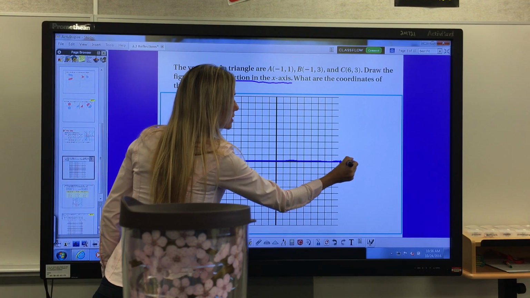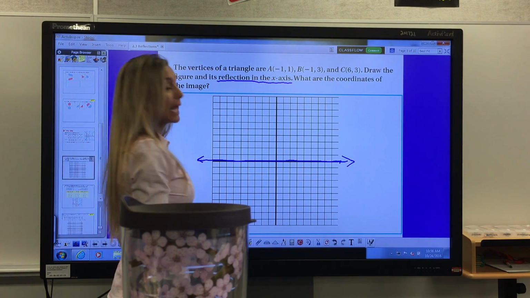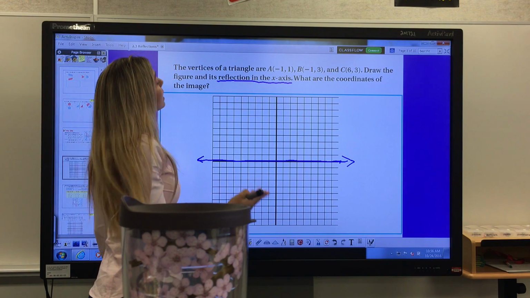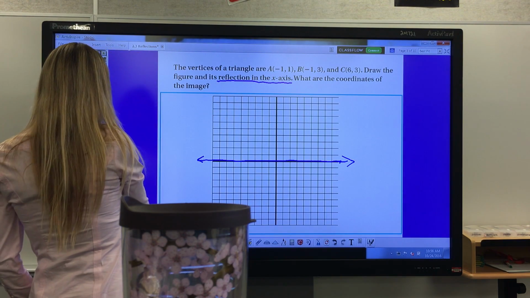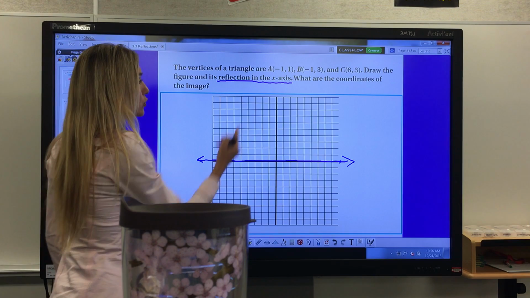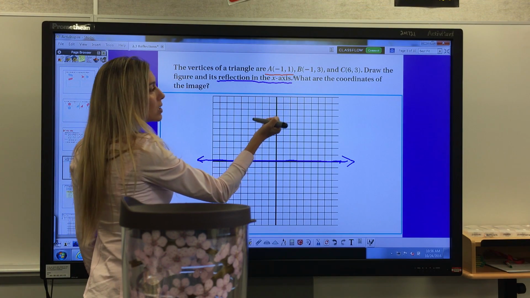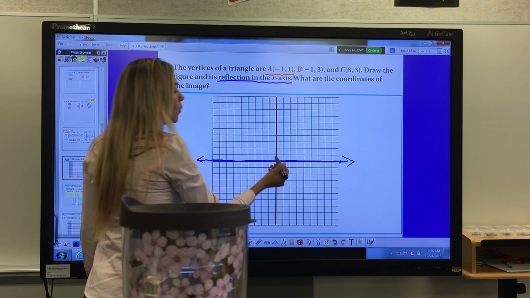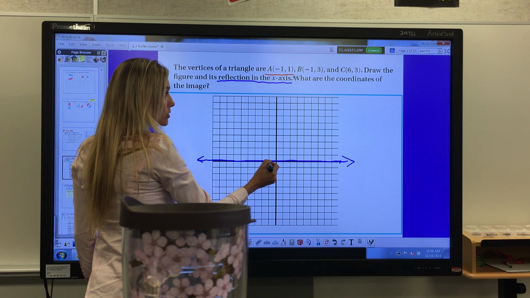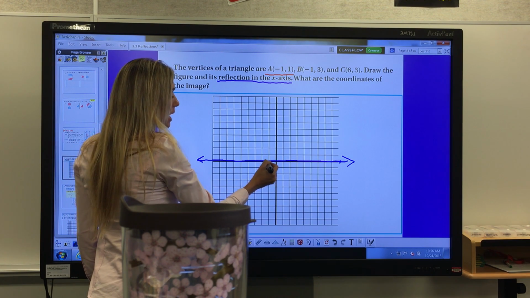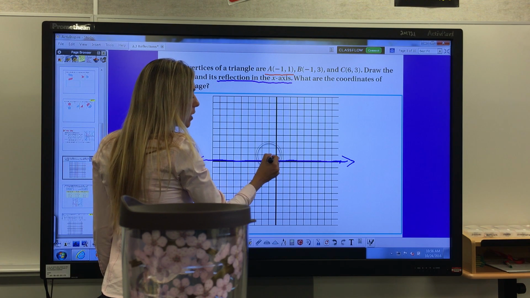So you're gonna think of this as my mirror. And let's see, where's my image? I have a triangle, A, B, and C, and I'll have to plot it first, right? So the point A is -1 and 1. So 1 unit to the left from the origin to -1 on the x-axis, and 1 unit up, following the y-axis.